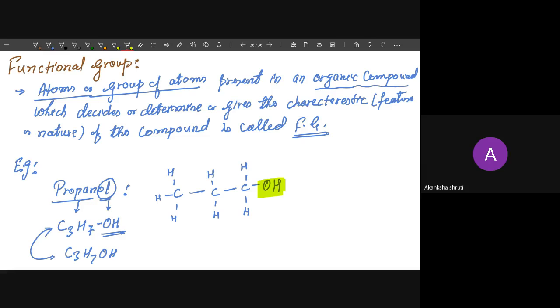It is found that it is alcoholic, meaning the alcoholic characteristic is present in this. So, alcohol. Ready? So there are certain atoms or groups of atoms that decide the characteristic.